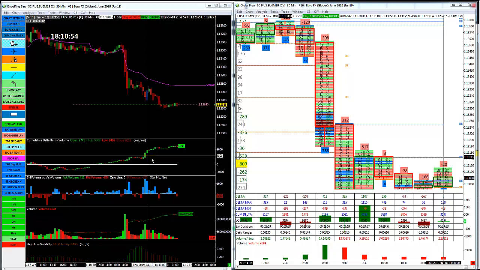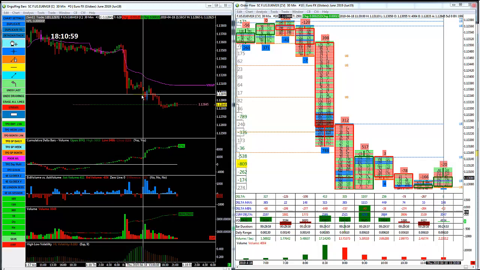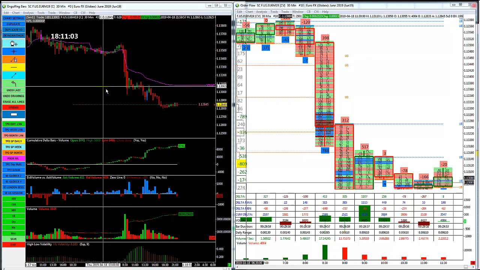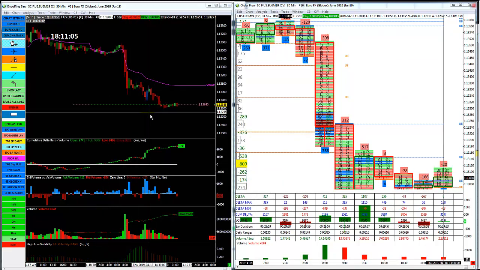In that case, there would have been short orders, and there would be a stop somewhere, which becomes a long order, right? But that happens a lot.